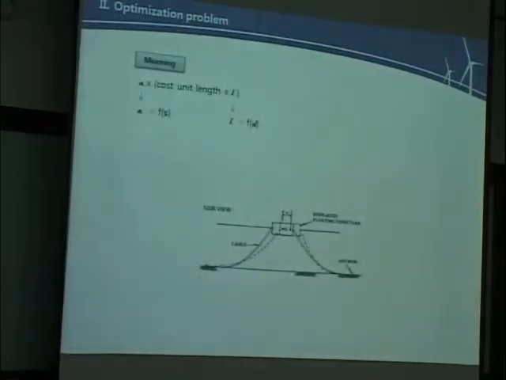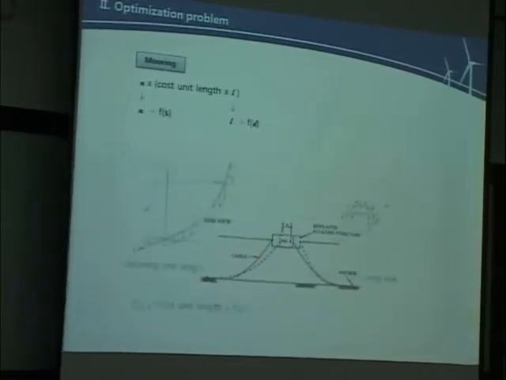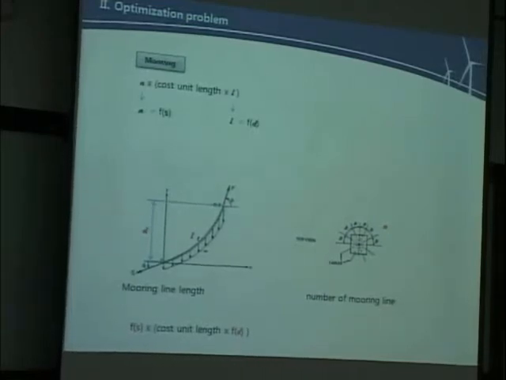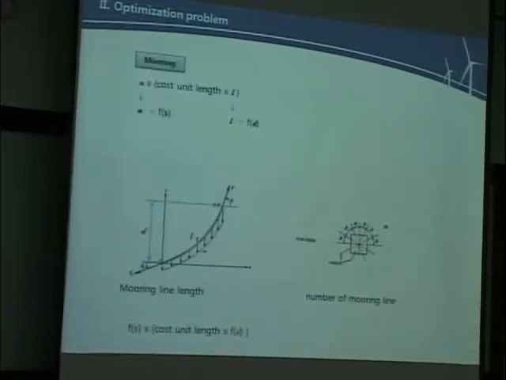The first thing is about the mooring. Mooring cost is related to the number of mooring lines and the length of the mooring line. The number of mooring lines is related to the wind speed.